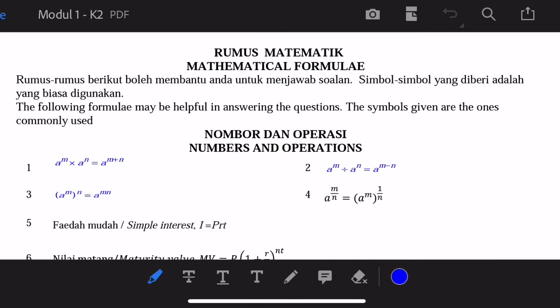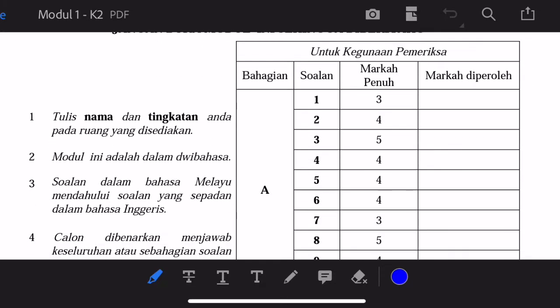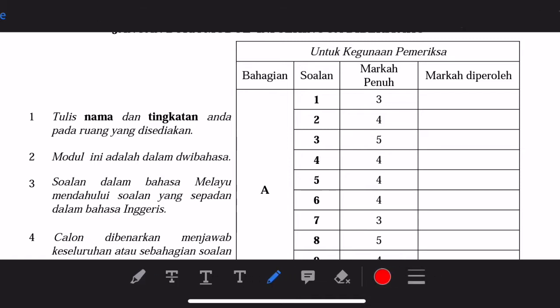Alright, so basically for your Form 4 final exam last year, you didn't have the chance to sit for the final exam. Actually, you have paper 2. Okay, this is a new format. So your mid-year exam will be almost like this.